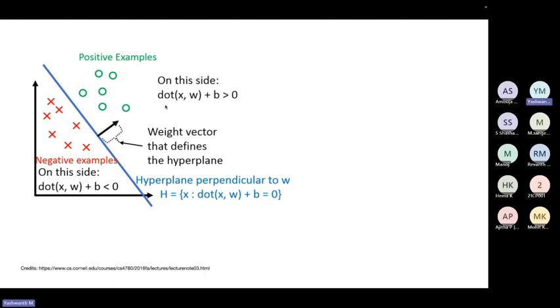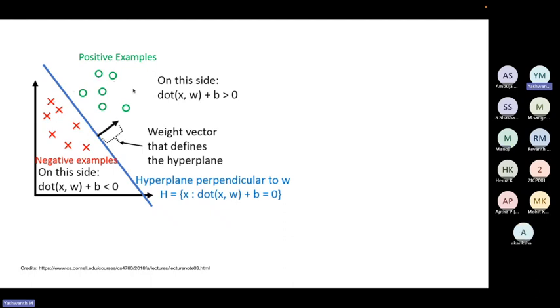This X represents the data points, the green or the cross marks. So your task is to come up with W and B given these data points, the cross marks and O's. This is a typical example of the classification task.